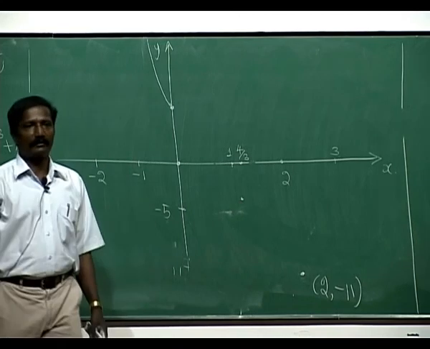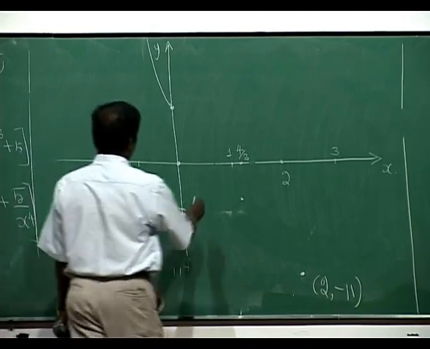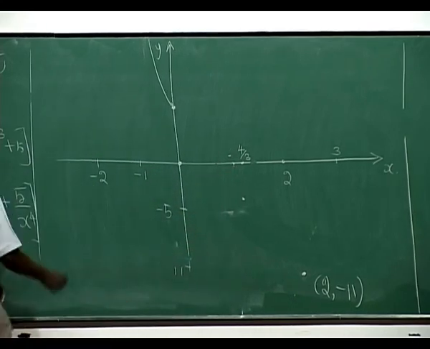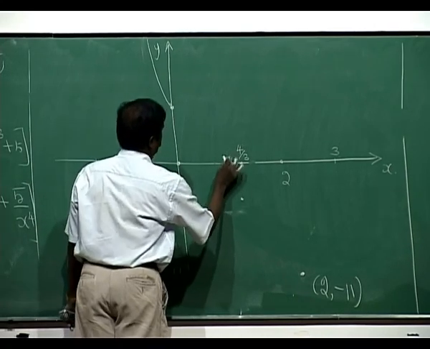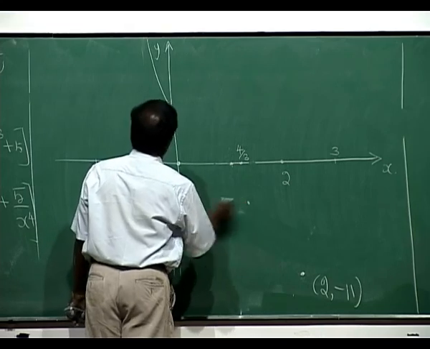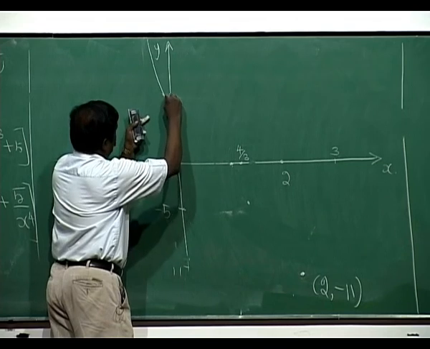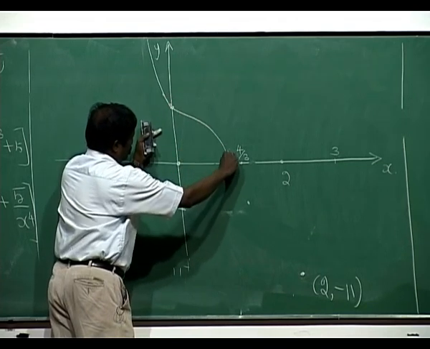At that point, right? At 1 it is 0? Yeah. Right. So here it is going to be concave down, so it is going to be like this.